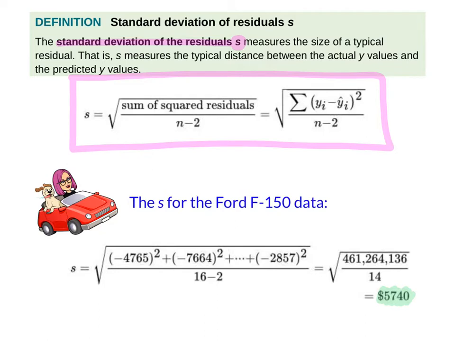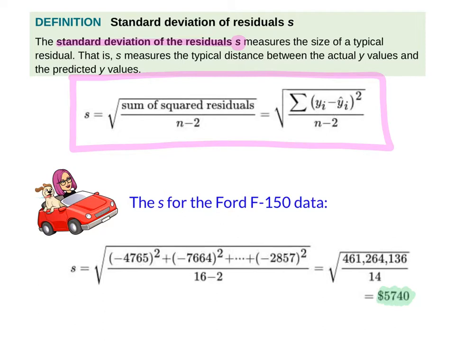So it shouldn't surprise you that standard deviation comes out here, right? Because we've learned before that a standard deviation is about how far a particular data point is from the mean or the average. So an outlier, let's say, or something that is not exactly on average. So that would make sense that residuals have that same kind of idea.